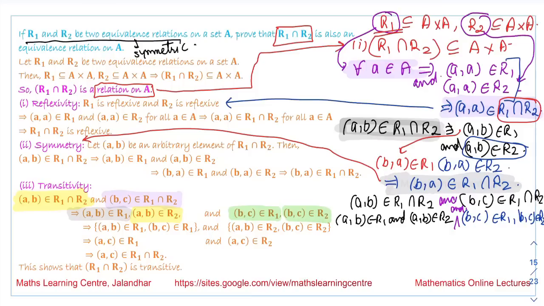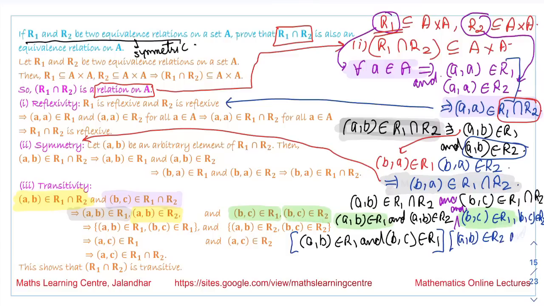Now look at these conditions. We are talking about (a, b) belongs to R1 and (b, c) belongs to R1. These two conditions we have written separately. And (a, b) belongs to R2 and (b, c) belongs to R2.